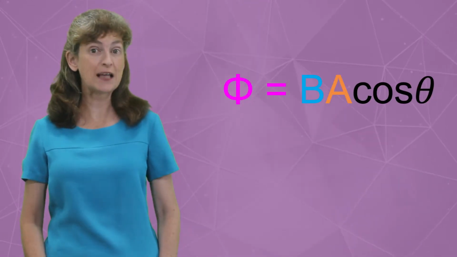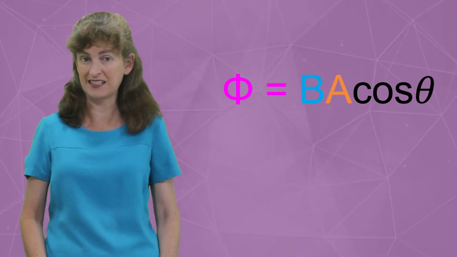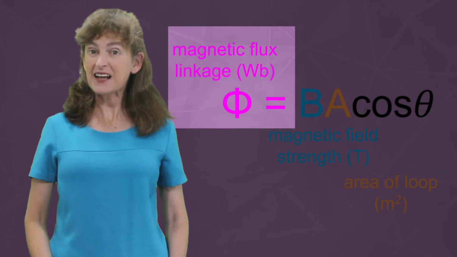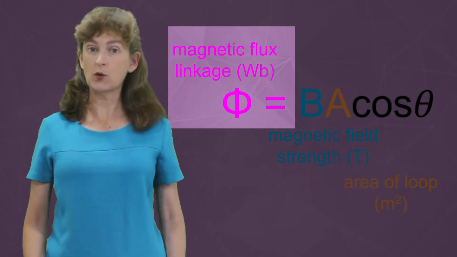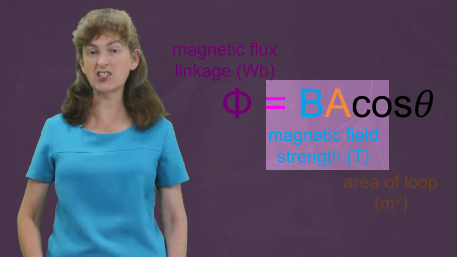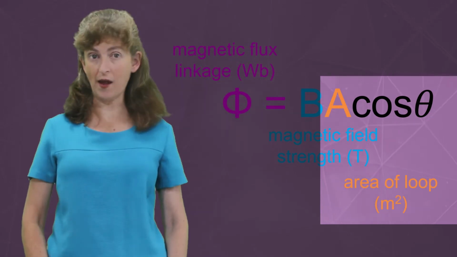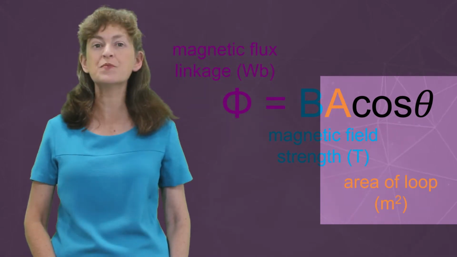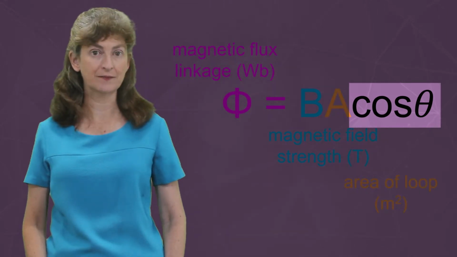This equation summarizes all the variables which affect magnetic flux linkage. Magnetic flux linkage, phi, measured in Weber, equals the strength of the magnetic field B, measured in Tesla, multiplied by the area of the coil A, measured in meters squared, multiplied by cos theta.